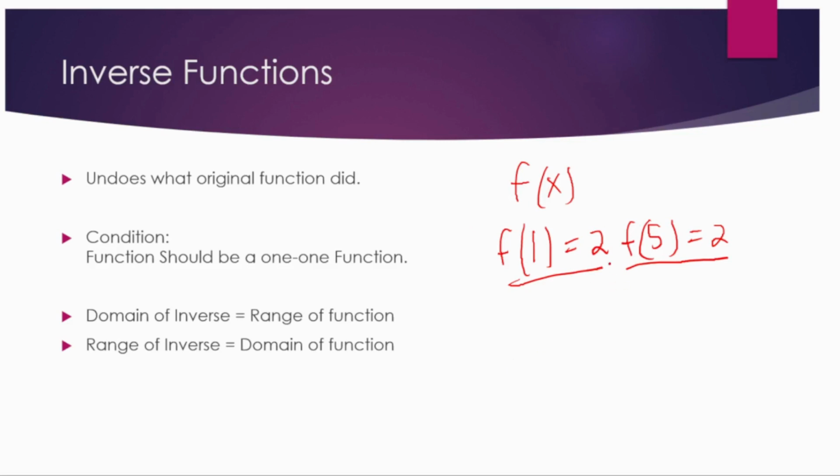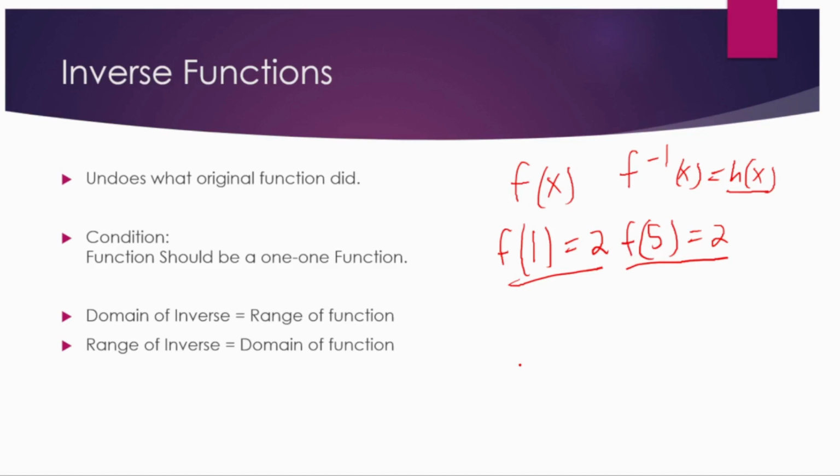So now let's say the inverse function f minus 1 of x is equal to h of x. As I showed before, what the inverse does is undo what the original function did. So basically it goes back to the input values.